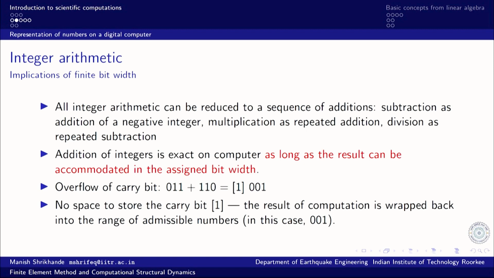So, as I said, the result of the computation is wrapped back into the range of admissible numbers, in this case 001, and this error is very silent. It is like a silent killer. Here we may compute happily and use the results happily without even knowing that the result is actually wrong.